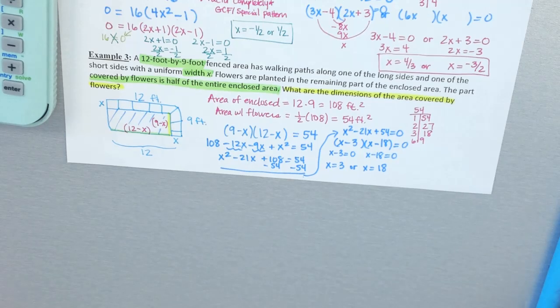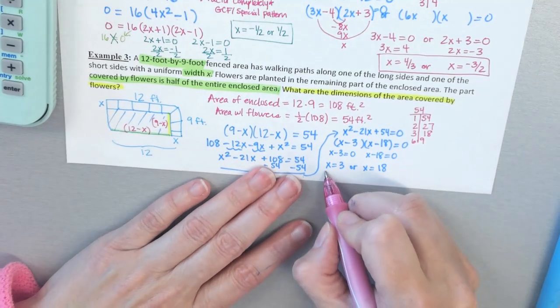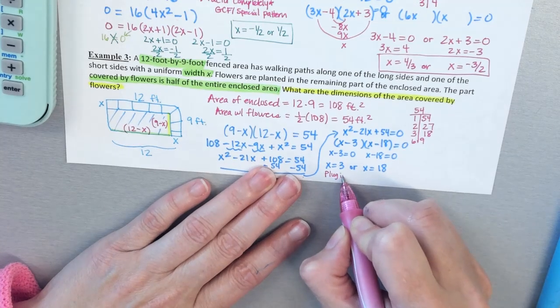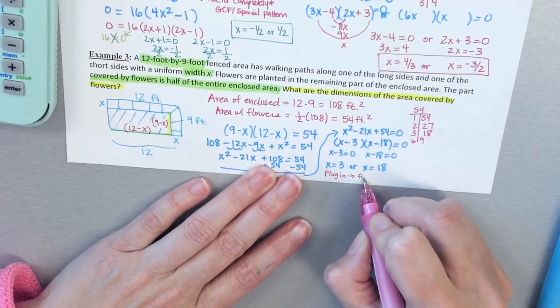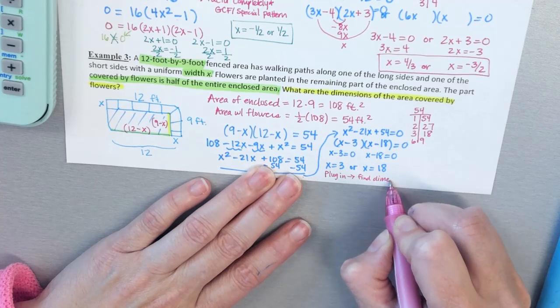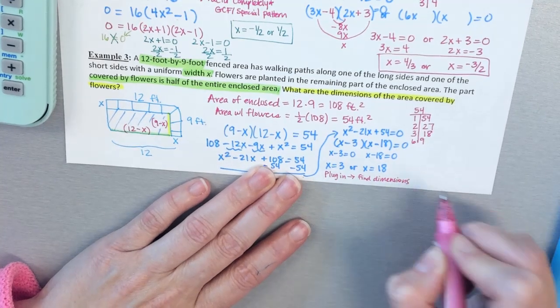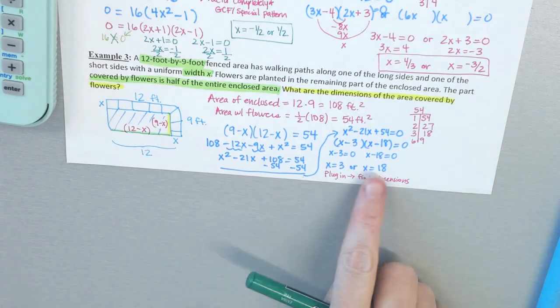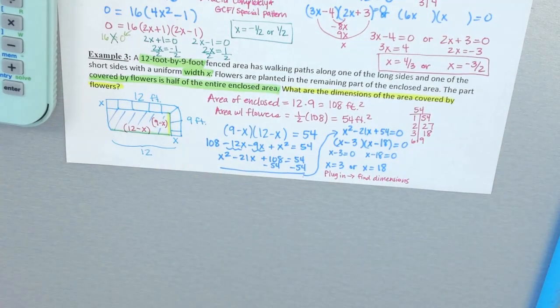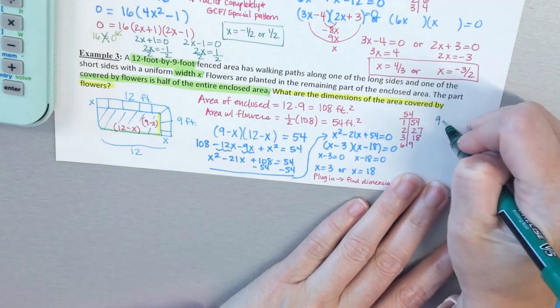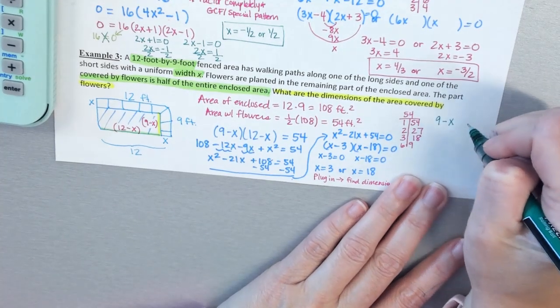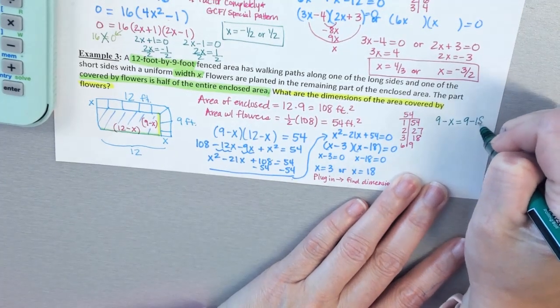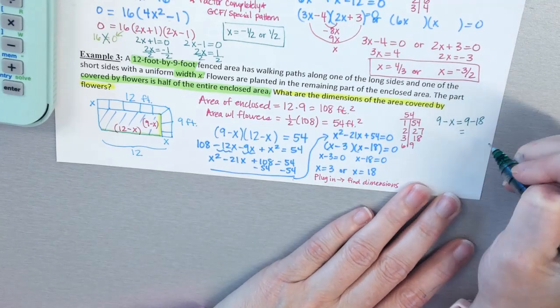Because this is a real problem, you are going to have to plug in to find dimensions. So if you were to plug in 18, right, if you have 9 minus x, and you did 9 minus 18, what would that dimension be?